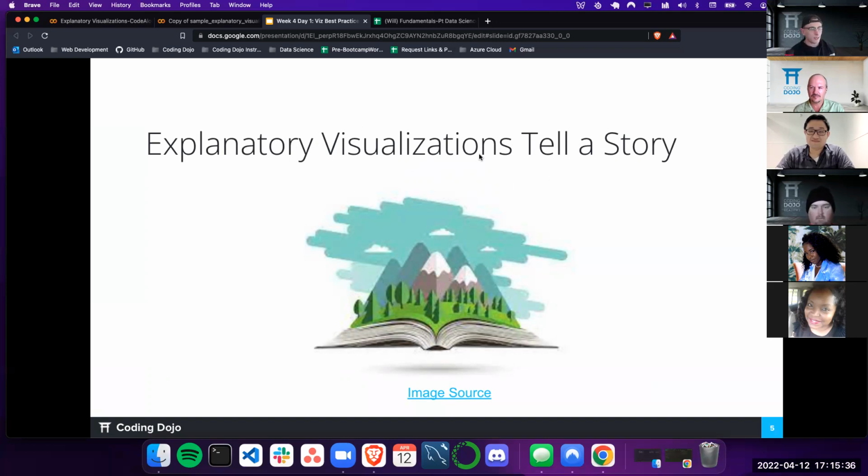So last week in week 3, we talked a lot about exploratory data visualization. So using our data to help us understand what's going on, using histograms to understand the distribution of our numerical values, or using a bar chart to understand the counts of a certain category, how many times it occurs, or grouping by a manufacturer and how many grams of sugar are in that.